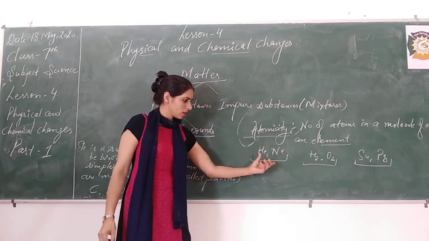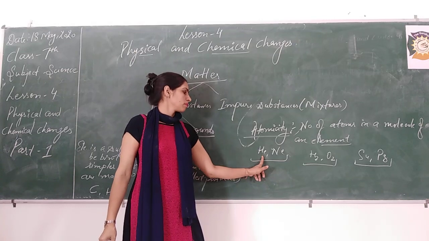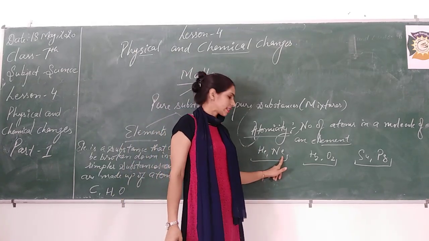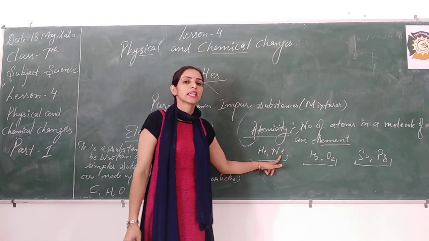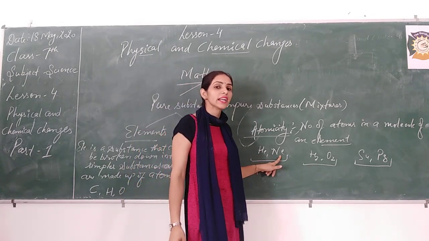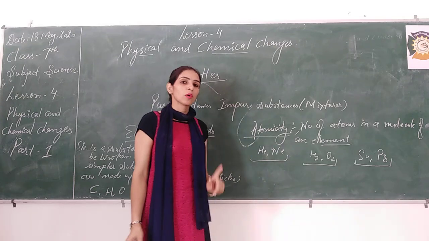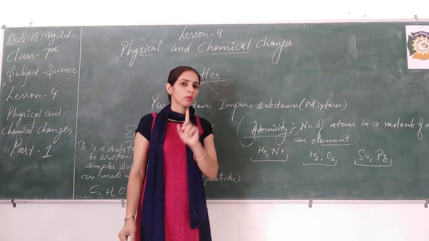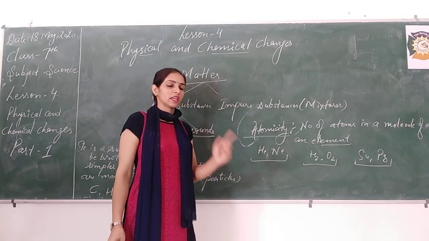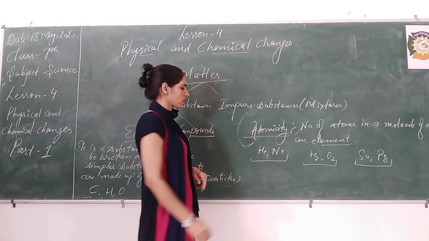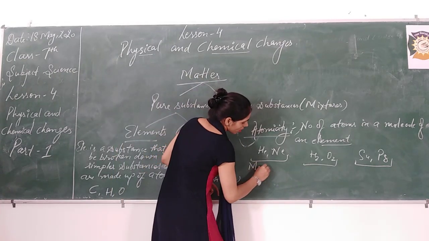For example, here, this helium and neon. These two elements, their atoms can exist individually. That means helium and neon, since they are having only one atom, they can exist individually. Therefore, they are called as monoatomic.